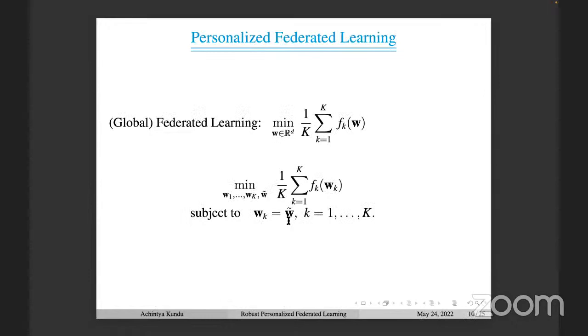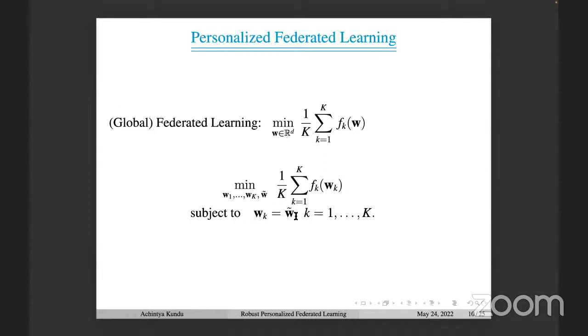So let's formulate it in a different way. We had the federated learning objective where we are trying to learn a single model which works across the K data sets. Each one gives rise to one of the training objectives denoted as FK. Now, if we have K different models, one for each client, we can write it in a different manner: all the models are the same as the global model.